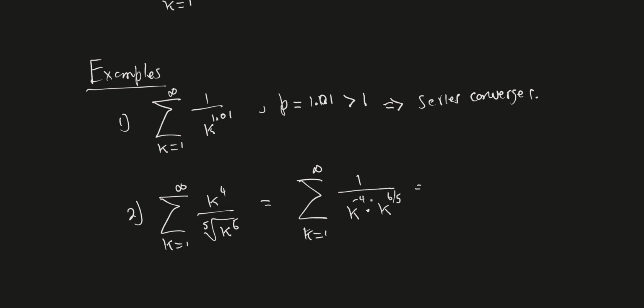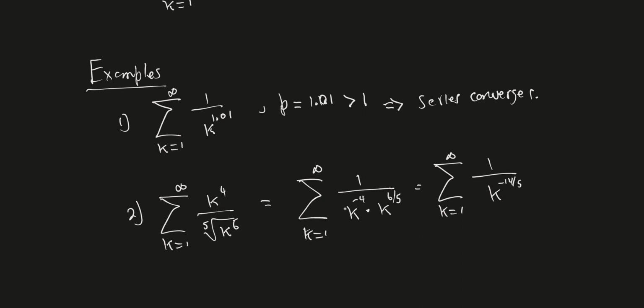Properties of exponents, we add those. So we have the sum, k going from 1 to infinity, of 1 over, adding those exponents, negative 4 is the same as negative 20 over 5, and then adding 6, that gives me k to the negative 14 over 5.